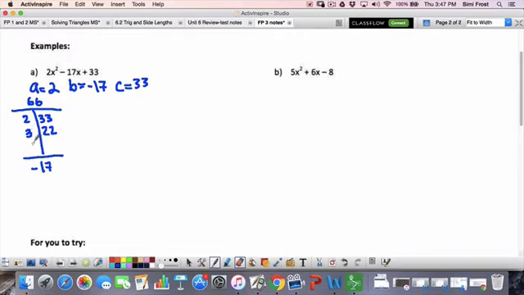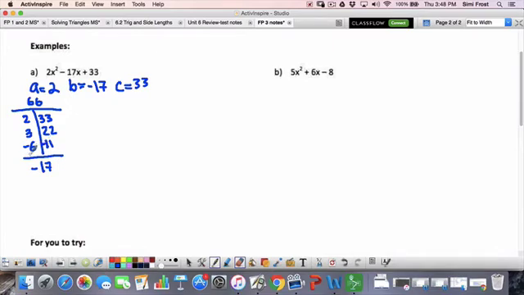We're not there yet. How about 6 and 11? We'll add them together, and I would get 17. So I just need to figure out where to put the negative so that I do get 17. Okay, so for it to add up to 17, I'm going to have to make them both negative.